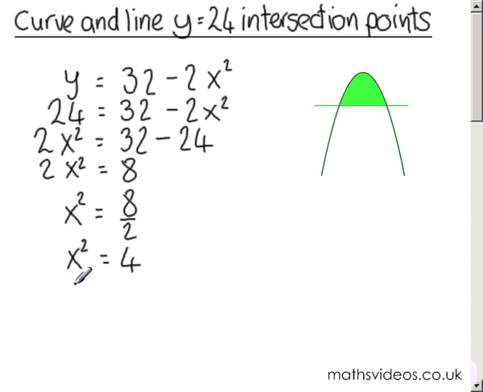So x squared equals 4, which means that x is equal to the square root of 4. Again, the square root of 4 has two answers, one positive and one negative. So that's x equals 2 or x equals minus 2. That means we have our x values which give us the limits of our integration.